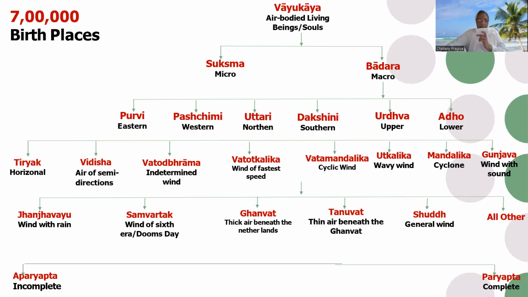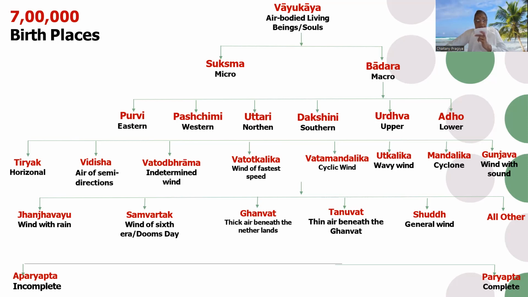Here you can see that the air or wind which comes from the eastern direction is known as Purvi air or wind. The wind which comes from the western direction is known as western air. The air which comes from the north is called Uttari, and the air which comes from the south is known as southern wind or air.